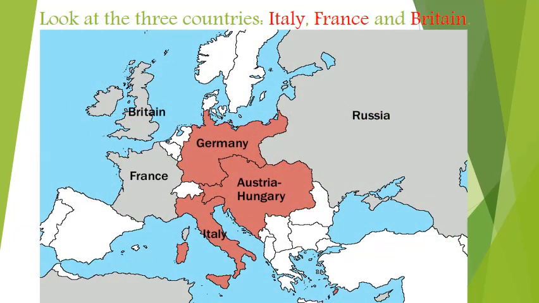This is a map. Look at this map carefully and try to spot the three countries of Italy, France, and Britain. So Caesar started marching from his country, from Italy. Then from Italy he marched to where?